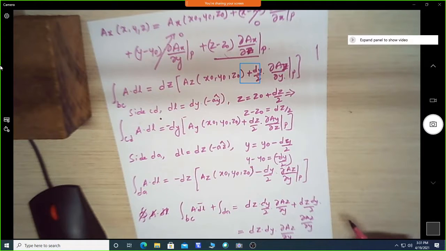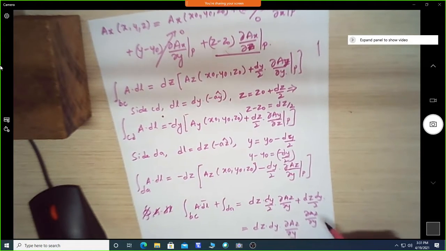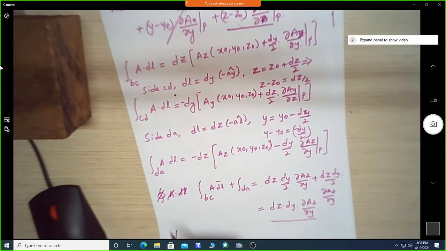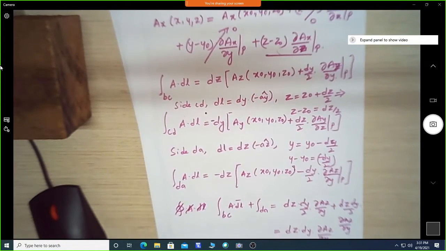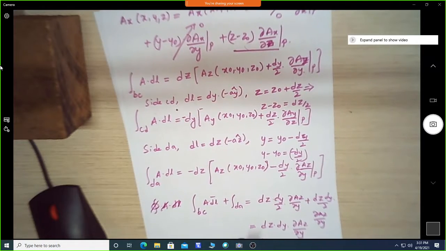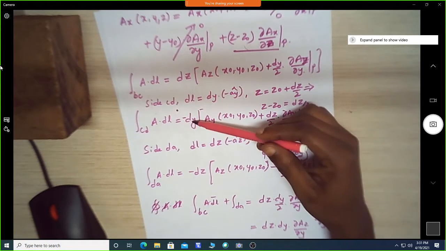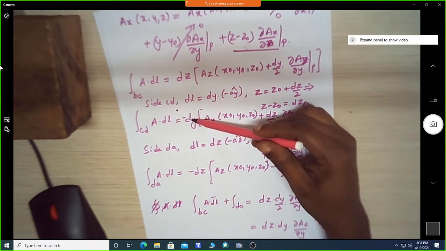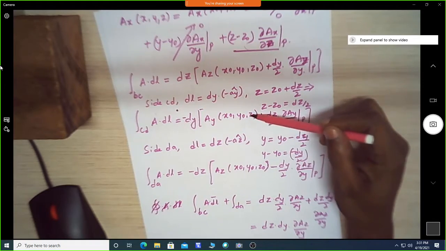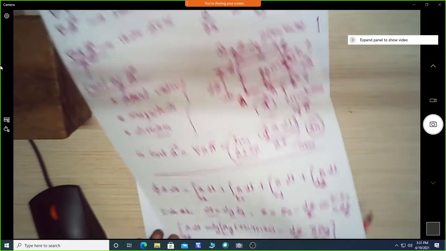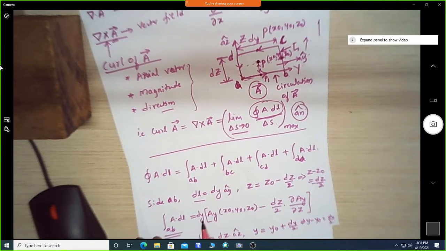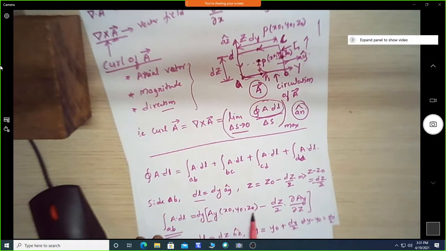Similarly, if I consider AB and CD, this will cancel each other, because this is minus dy Ay of x naught, y naught, z naught, and similarly here it is plus dy Ay of x naught, y naught, z naught.